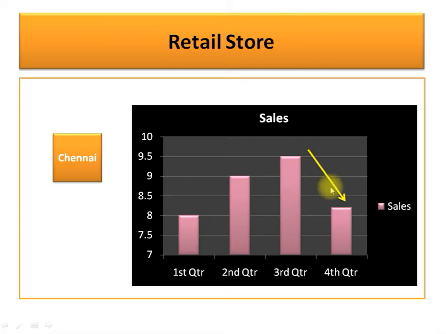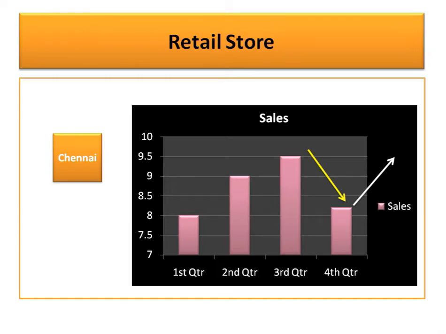What is the reason behind this downturn? That is root cause analysis. With this root cause analysis and this data, they will come up with their own action plan on how to improve in the next quarter, the next 2 quarters, or next year. That is called data analysis.